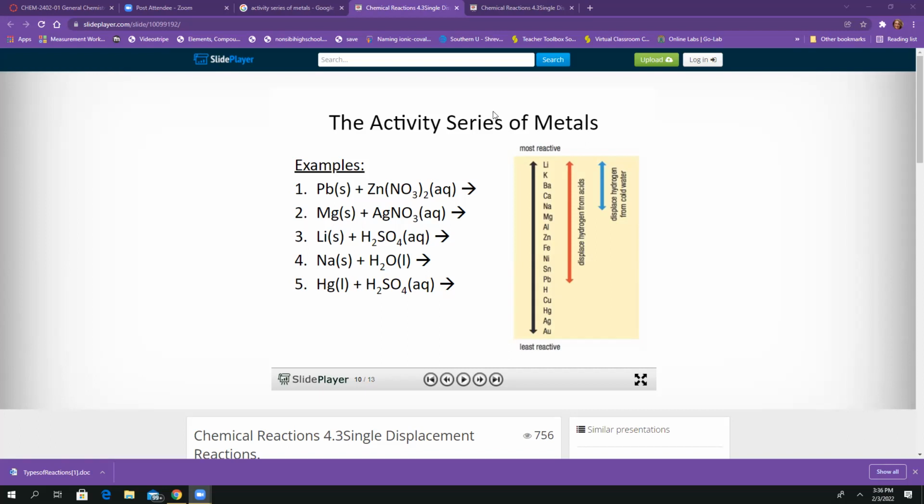Somebody else has theirs. Let's see. Yeah, but you need to tell me what's going to happen. Not what kind of reaction, but the exact reaction. You need to finish it. They're all single displacements.